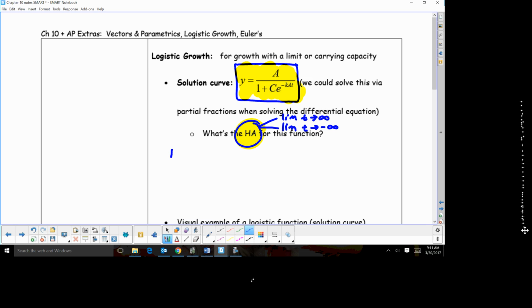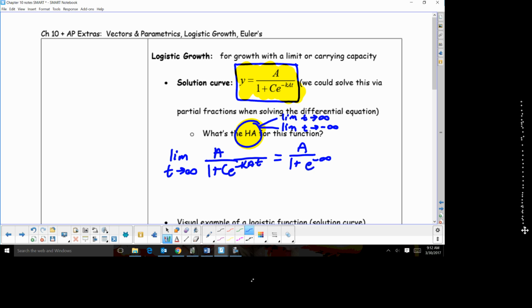So let's look. If I take the limit as t goes to infinity of this guy right here, it's basically going to be A over 1 plus e going to what? Negative infinity.